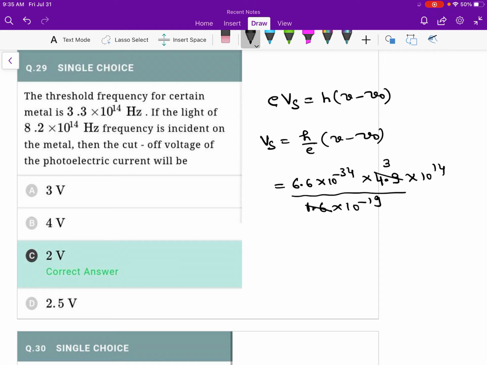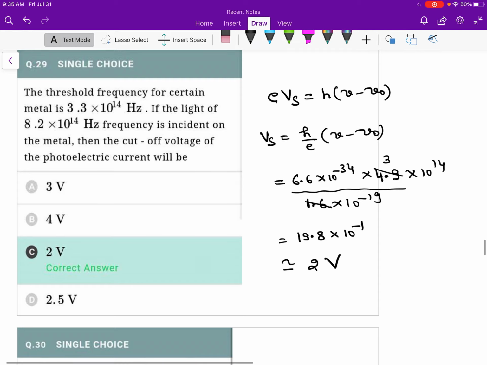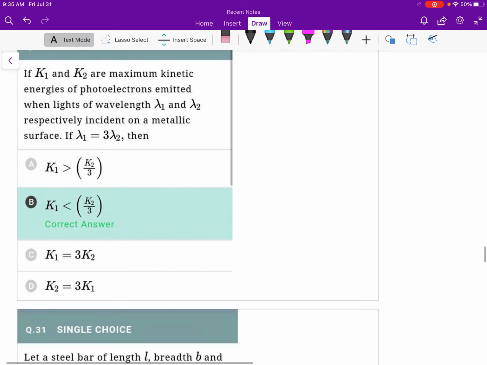So 1.6 times 3 is 4.8, so it is approximately 3. So this is 3 into 6.6, that is 19.8 into 10 to the power minus 1. So this is 1.98, which is 2 volts approximately.